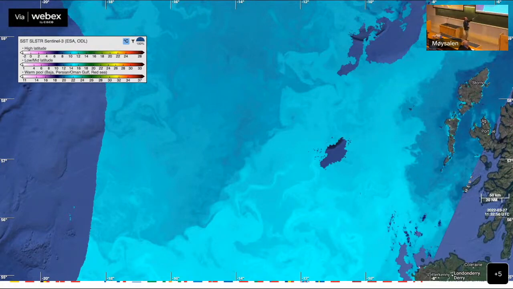But you see these filaments that create this sudden mixture between light and dark SST, meaning that there is a temperature gradient that could potentially be connected with a variation in the layer thickness.